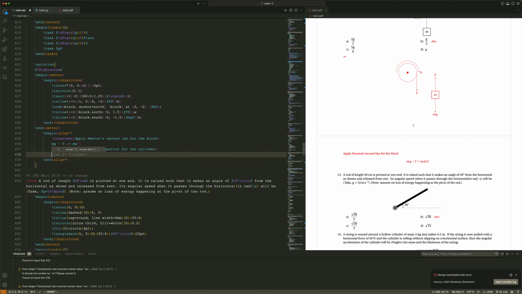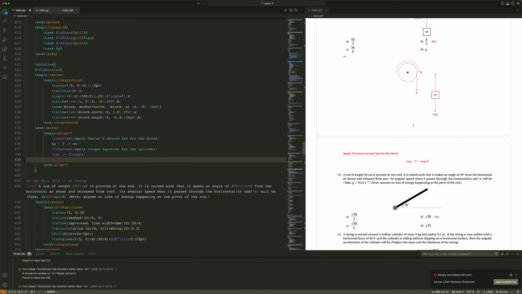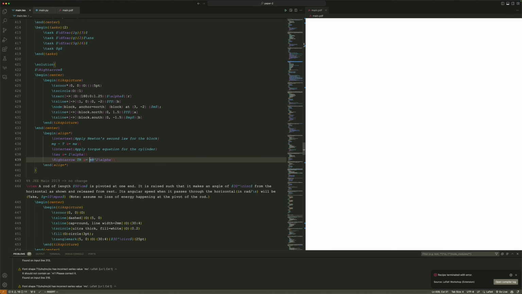On the cylinder, the torque is I alpha, and now we can put the torque as tension times r, and the moment of inertia of the cylinder as mr squared, because the cylinder is hollow, which is equivalent to a ring. So let's run it first, then see what we can do further.